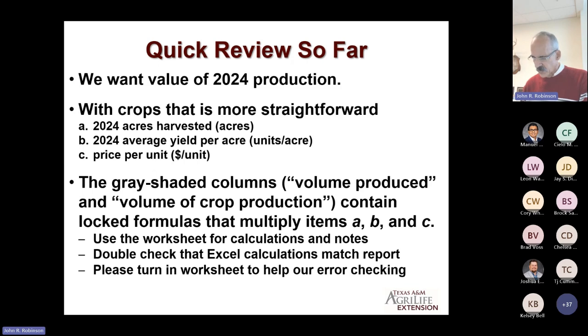Crop values are fairly straightforward in that it's acres times yield times price. We automate a few things in the gray columns where we're doing calculations. So you're entering things in those tan columns: acres, then yield per acre, and then a price per unit. Be clear on your units.